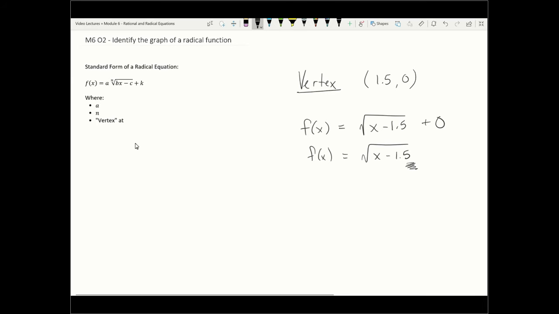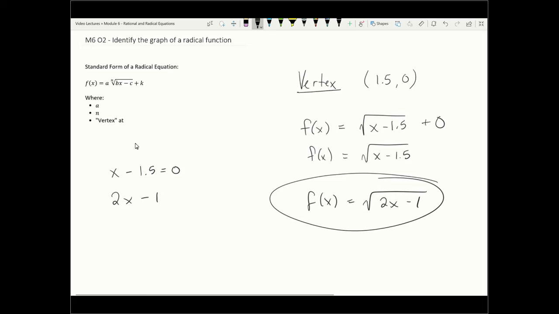We'll normally write these so that they're all integers. How we go about doing this is we can think about this as x minus 1.5 equals 0. If I wanted to get rid of this decimal, I would need to multiply by 2. So really, I would want to write this equation as 2x minus 1. That would be standard form for this.